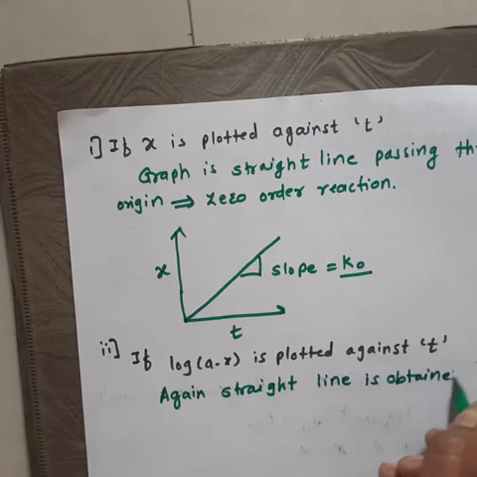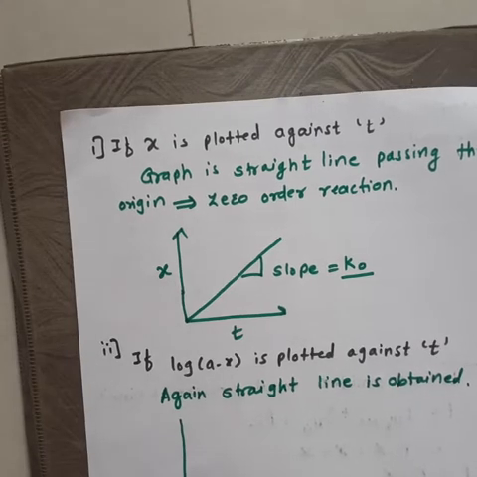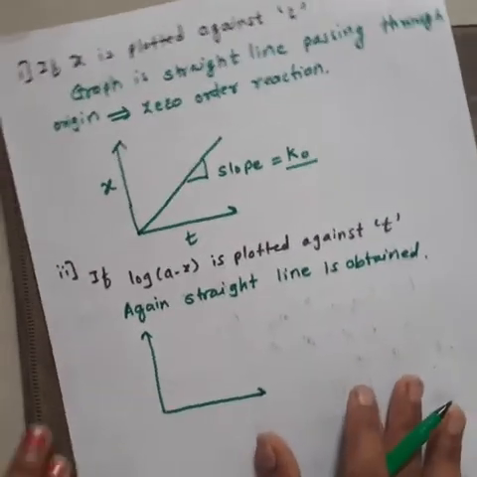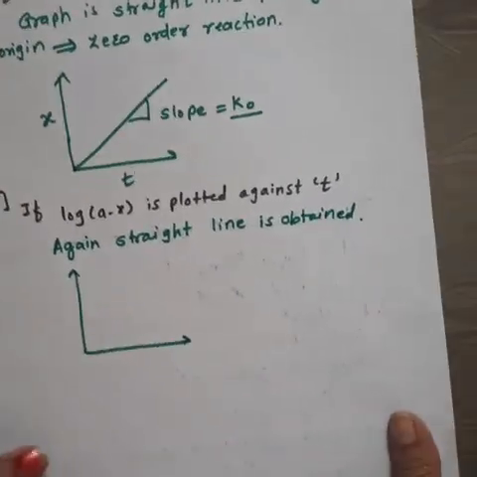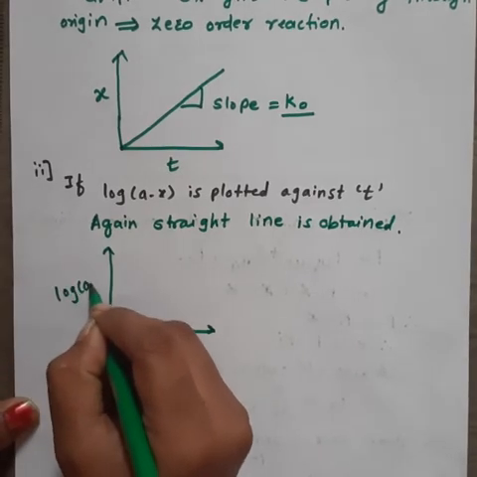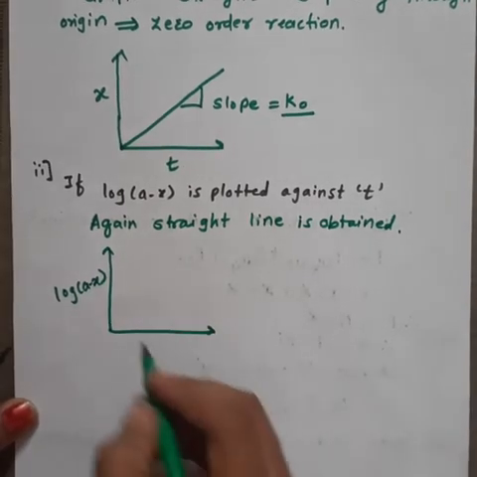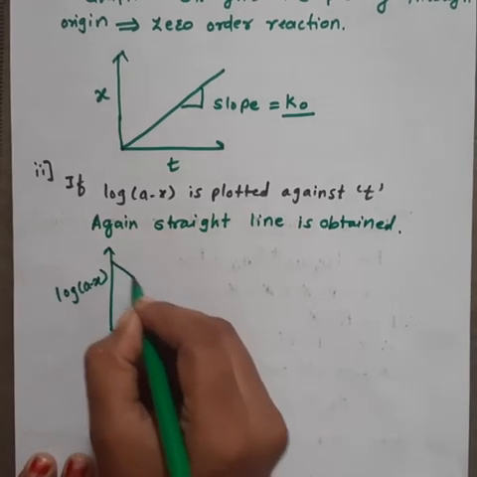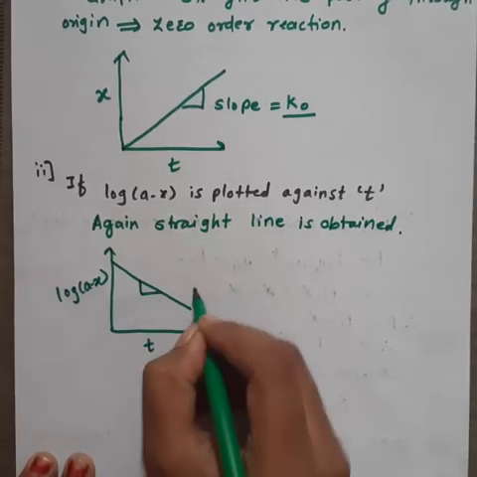So if we plot log of (a minus x) versus time t, this is a straight line with negative slope.